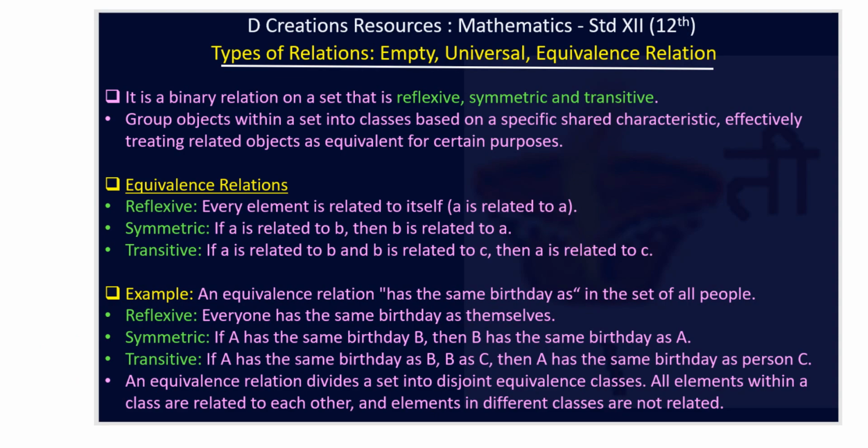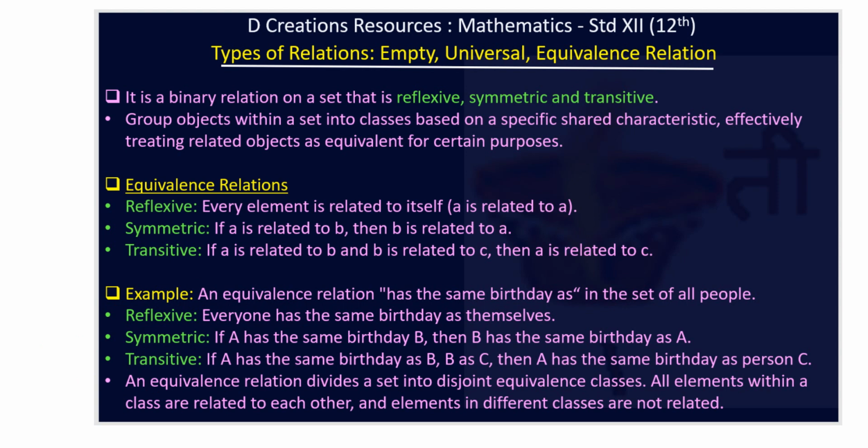If A has birthday on 1st January and B also has birthday on 1st January, so A has the same birthday as B. Similarly, if B has the same birthday as C, now we already know that B has birthday on 1st January, so obviously C will also have his birthday on 1st January. So that will also mean that A has the same birthday as person C. So 1st January is the common birthday for all of them.